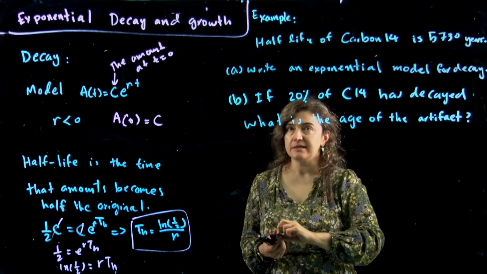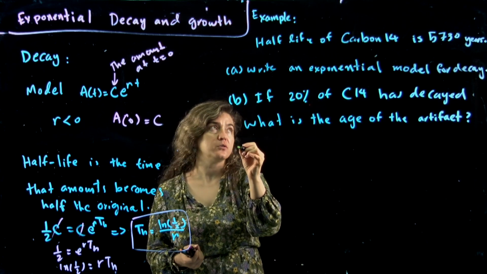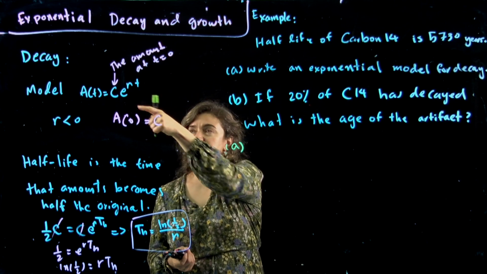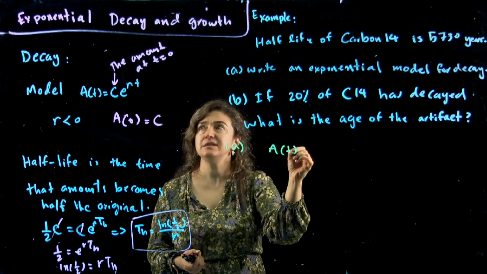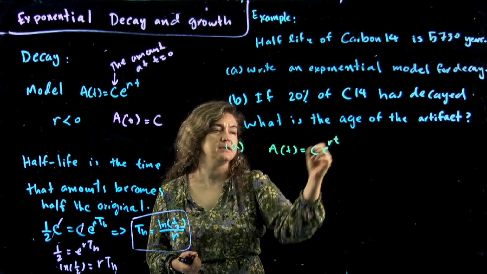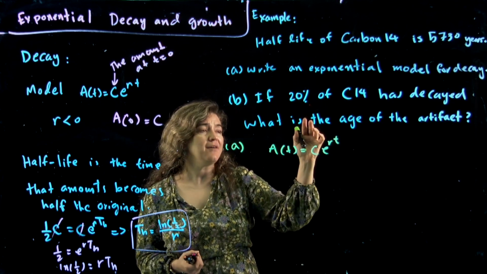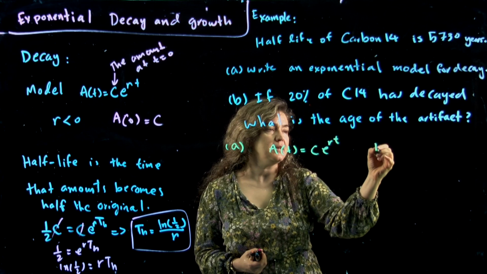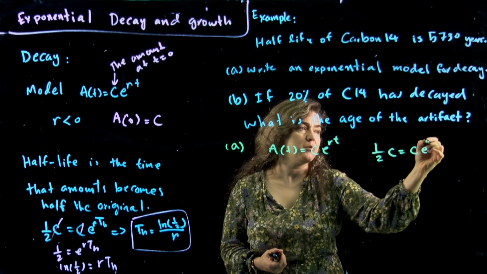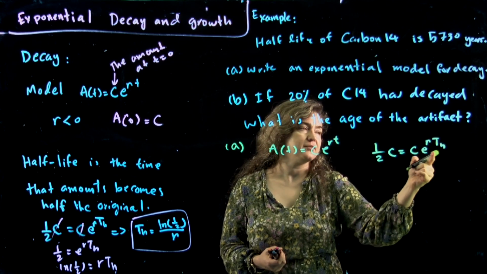How do we go about this? When you're writing a model, you usually write A of t, amount at t, is equal to c e to the power rt. Now, half-life means if I plug it in, I get 1/2 of c equal to c e to the power r times the half-life.